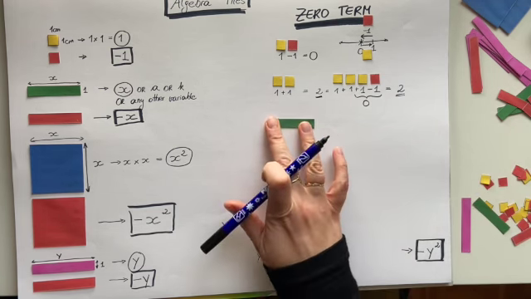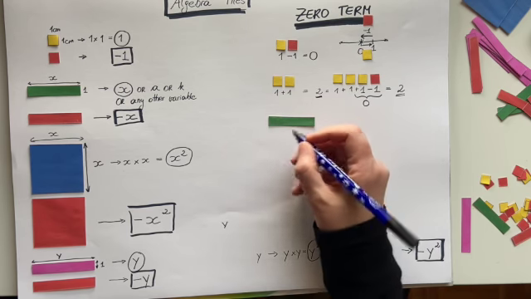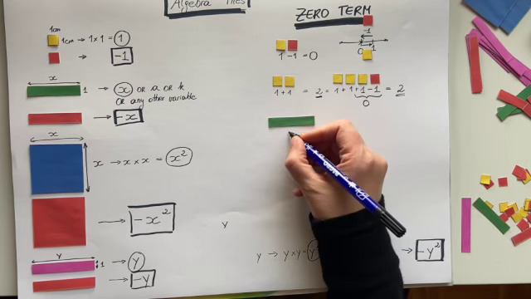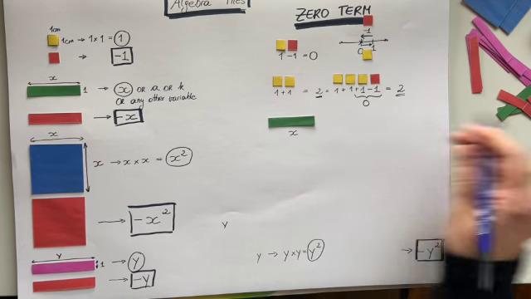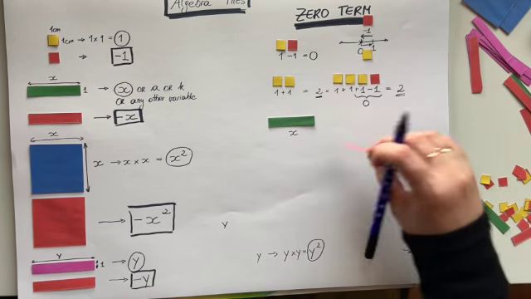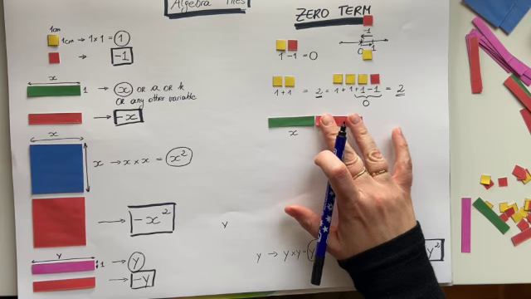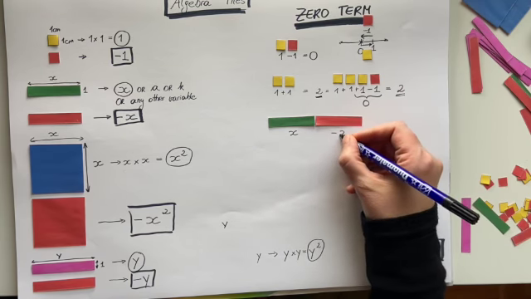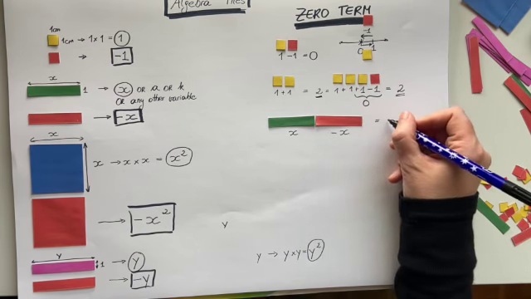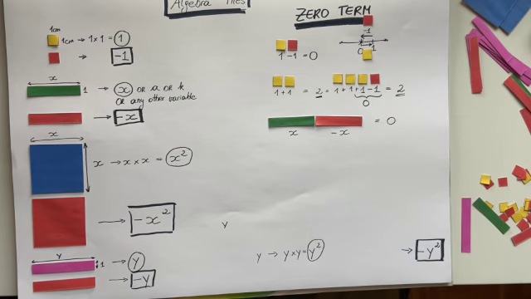And the same is true for your x. So x take away x is also 0. That's another 0 term.